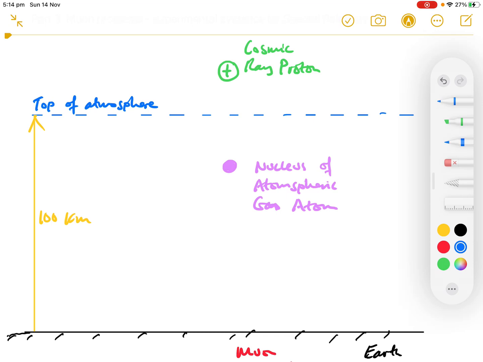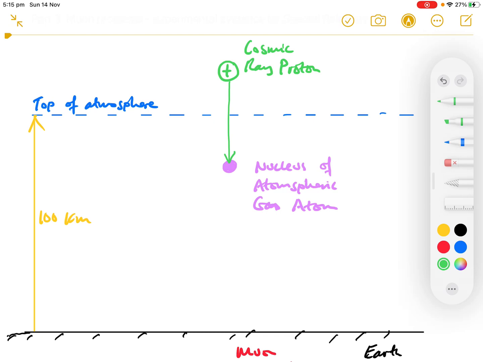So a cosmic ray proton comes into the atmosphere, and at some point up quite high, it will collide with the nucleus of one of the gases of the atmosphere. The atmosphere, of course, is mainly nitrogen and oxygen.